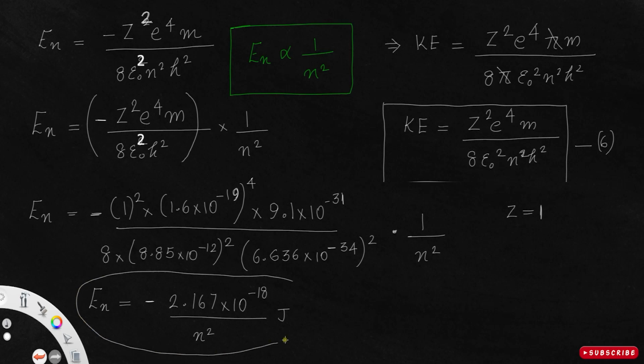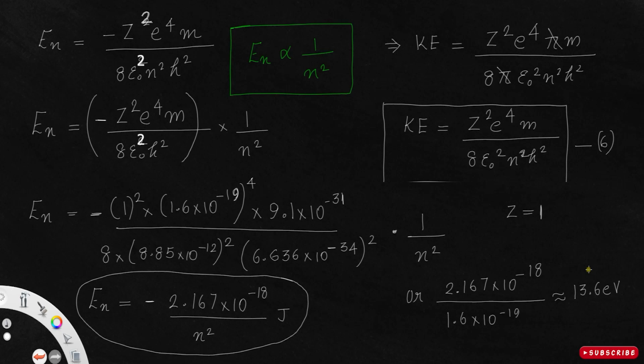joule. Okay, so this is the total energy in terms of joule, or 2.16 into 10 raised to minus 18. When you convert this into electron volt, you have to divide it by 1.6 into 10 raised to minus 19. This will be approximately 13.6 electron volt.